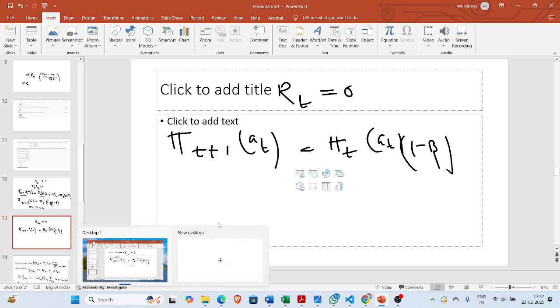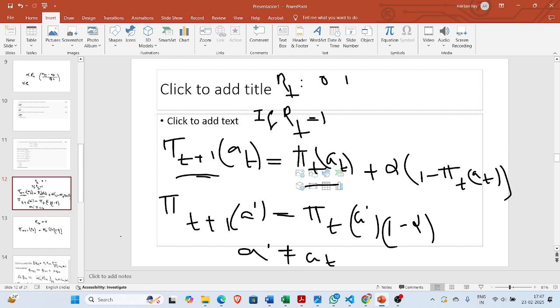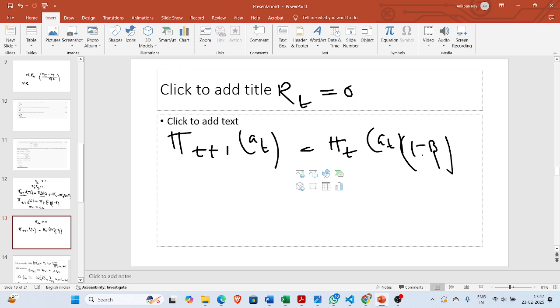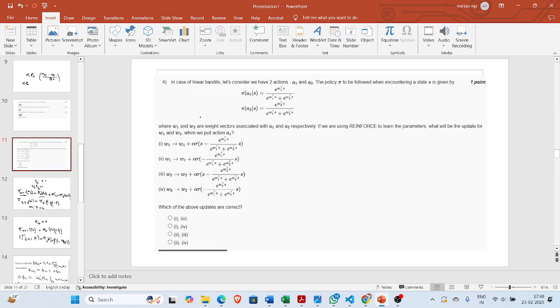As you can see, it is the opposite case. This one is very similar to that, just using another parameter beta here. And pi t plus 1 of a dash equals pi t of a dash plus beta, same, using beta instead of alpha, times pi t of a dash, and this is done.